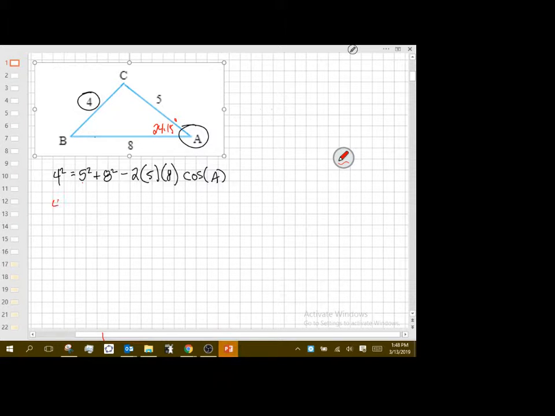So why don't I just write this? 4 squared minus 5 squared minus 8 squared. I didn't even have to do any evaluation. I'm just telling everybody that I'm going to subtract that 89 from the 16. And then, if I do that, I would be left with that on the right-hand side, correct? What is that number right there for cosine A? It's a coefficient. It was the 80, right? And we divided that by both sides, right?